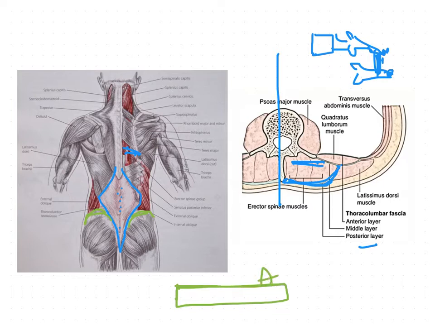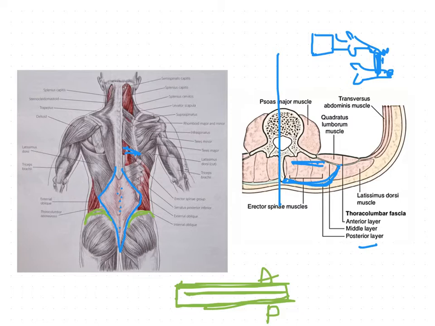This becomes the anterior part and this becomes the posterior, and the middle one is the intermediate part. This is the outer lip of the iliac crest, this one is the inner lip, and this is the middle portion of the iliac crest.